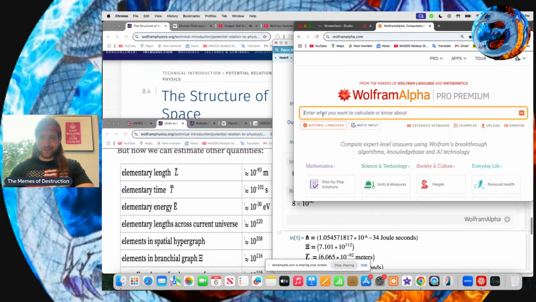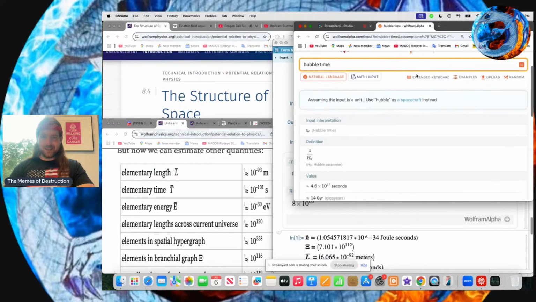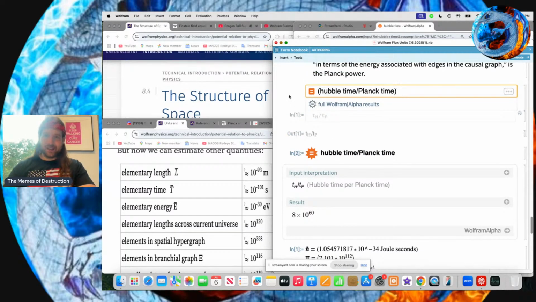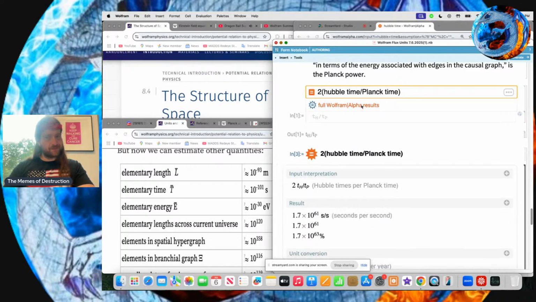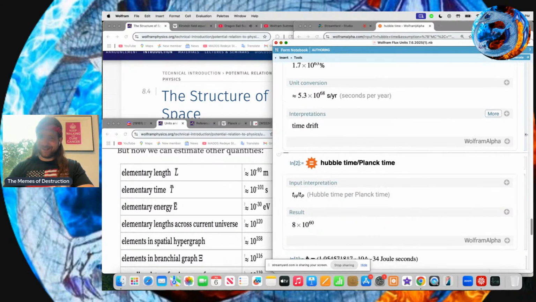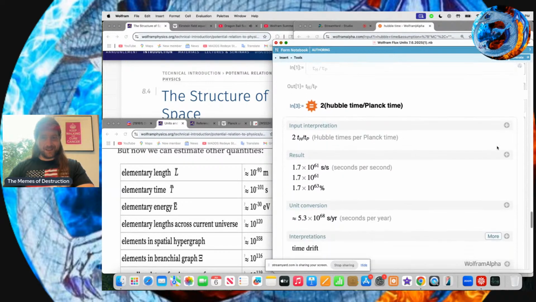So let's just double check here. So time, do we have unit? So we need 2 of that, because it's just going on in one direction, so we need to length across the total thingy. Double time. All right.